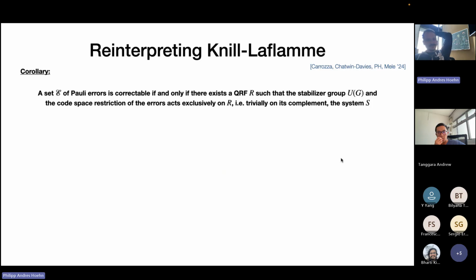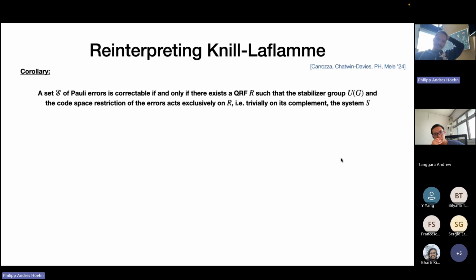It is correctable if and only if there exists a quantum reference frame R such that the stabilizer group and the code space restriction of these errors acts exclusively on the reference frame and trivially on its complement, the system S. So one direction of this corollary is implied by the theorem, because any error set I can upgrade to a maximal one. And the theorem tells us when I have a maximal such error set, then it generates a quantum reference frame that has these properties.